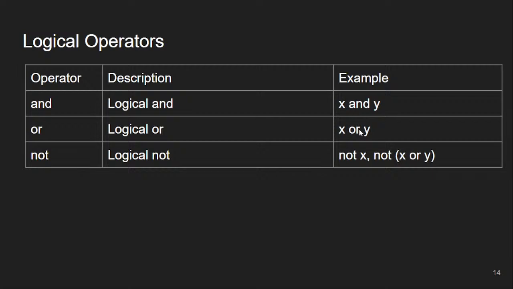For or, you just need either one of them to be true for the statement to be true. If both of them are false, then your statement will be false. Okay, and then you have not, and not works with one operand. Basically what it does is it inverses whatever is here. All right, so if this is true and you do not true, what you actually get is false.